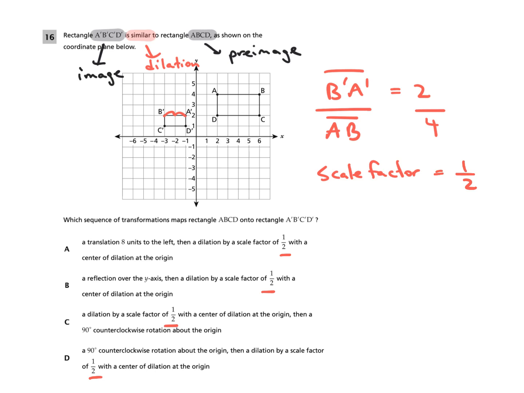So now what we want to do is pick any coordinate, okay? So I'm going to pick C. Why? I don't know. I just like C. C is (6, 2). C prime is going to be half of 6, which is 3, and half of 2, which is 1. So C prime is going to be (3, 1) right here, (3, 1), right?